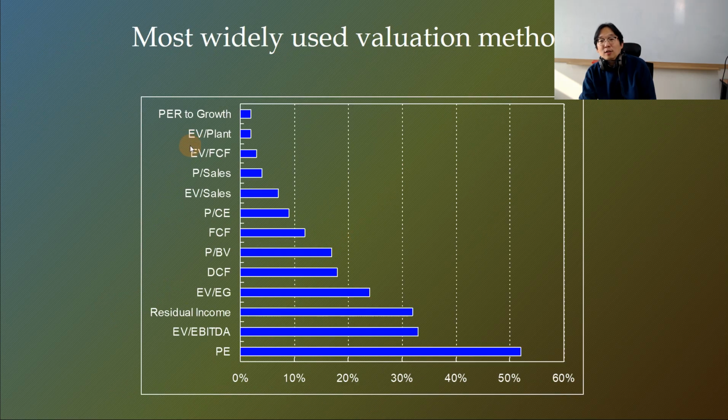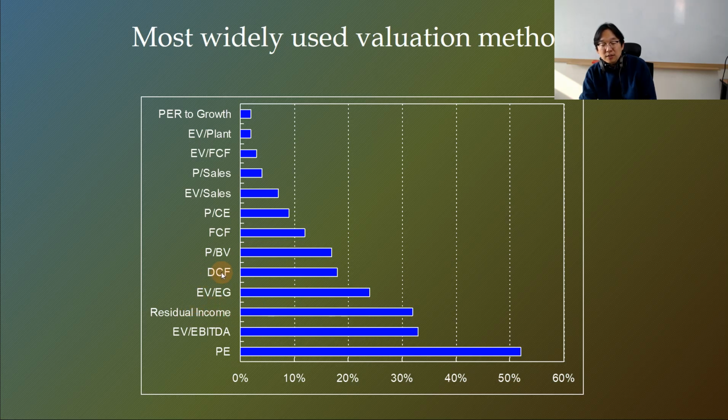What are the most frequently used valuation techniques? PE is by far the most frequently used one, right? Long history already. People have been using PE ever since like the 1930s or something. And then the next one is EV to EBITDA, and then residual income. That's more of DCF.